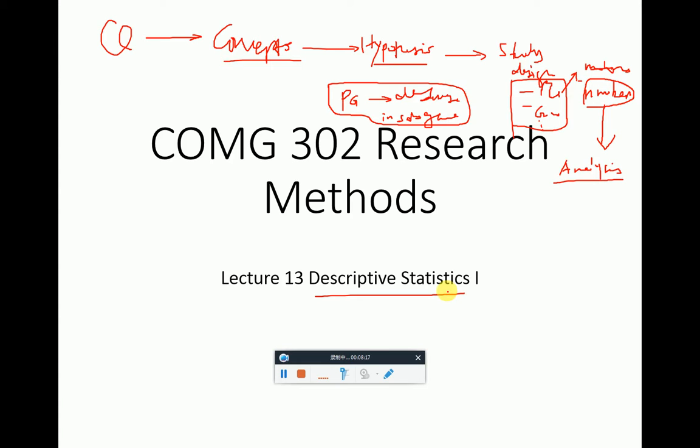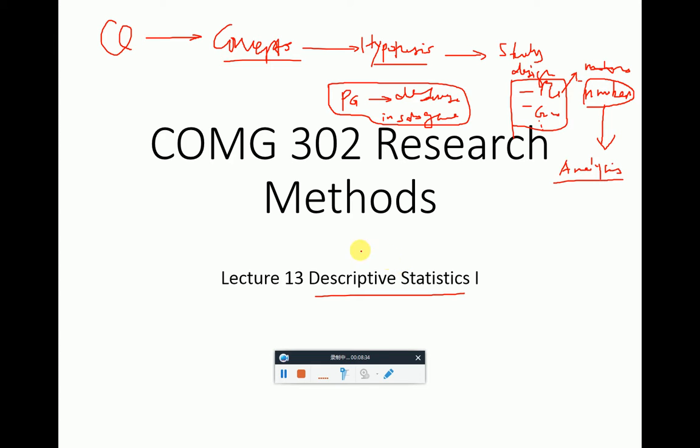Sometimes it tells a true story, sometimes it tells a false story. Then how do we know whether or not the numbers are telling true stories or false stories? And how can we make use of the numbers for our purposes, to serve us better? Okay.